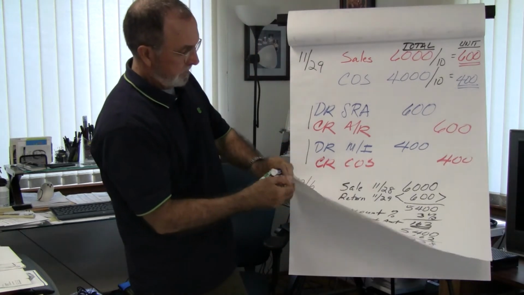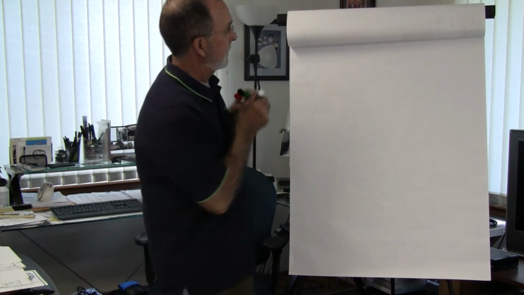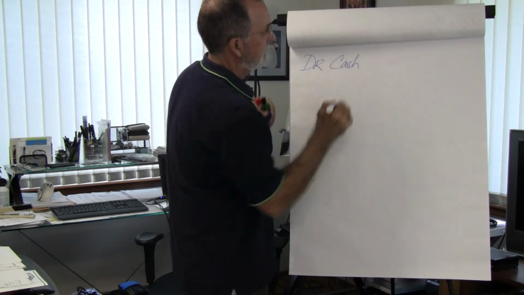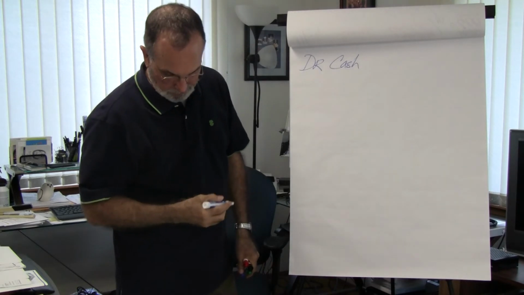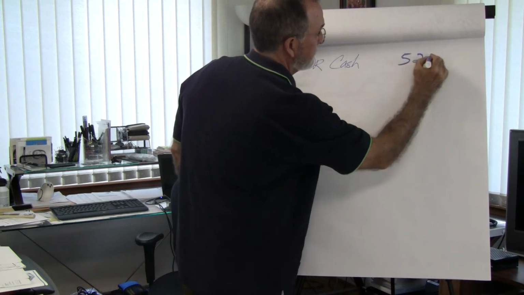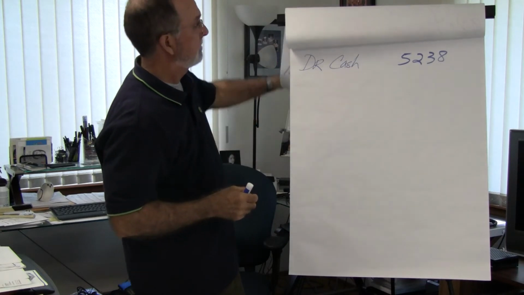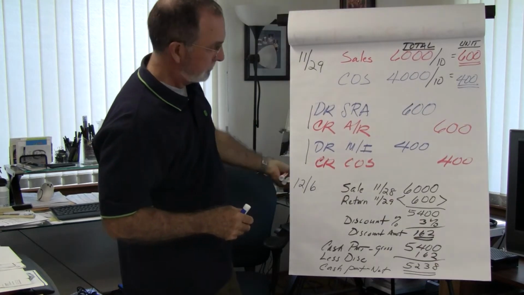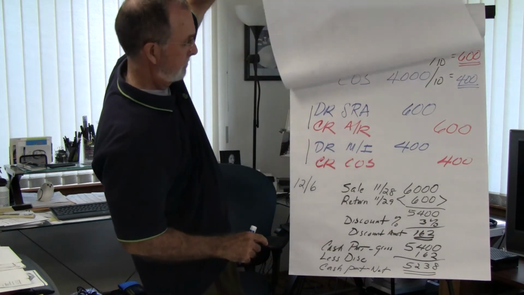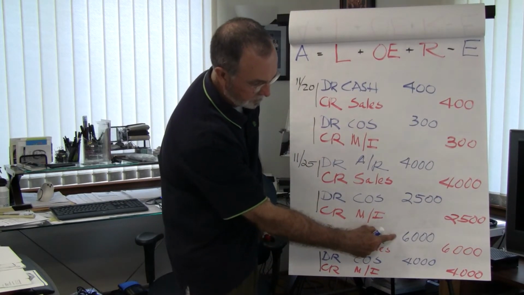So we need to record that journal entry. First of all, we are receiving cash, and as we just calculated on the previous page, the cash amount to be received is $5,238. Now keep in mind, the accounts receivable is this $5,400. When we made the sale on the 28th, we added $6,000 to accounts receivable.